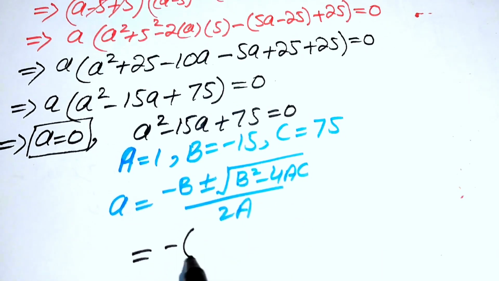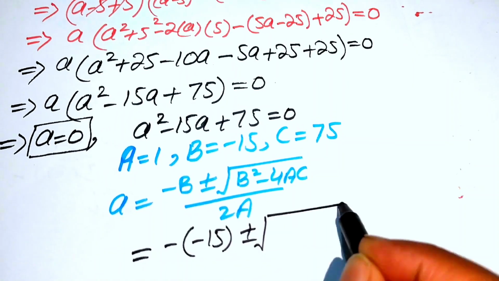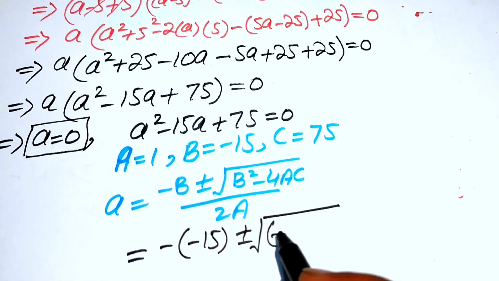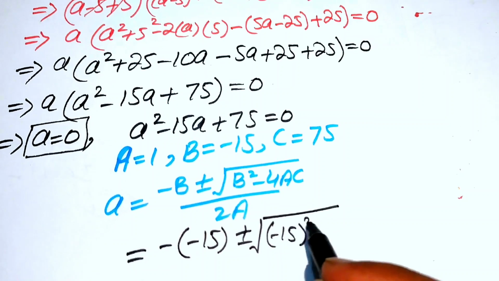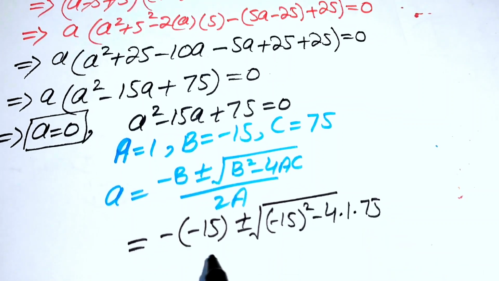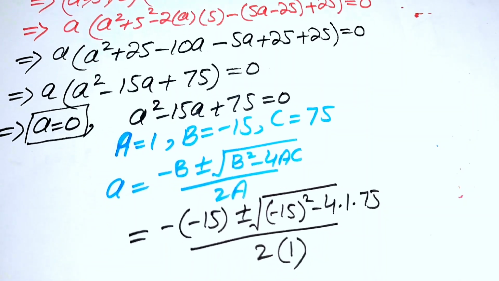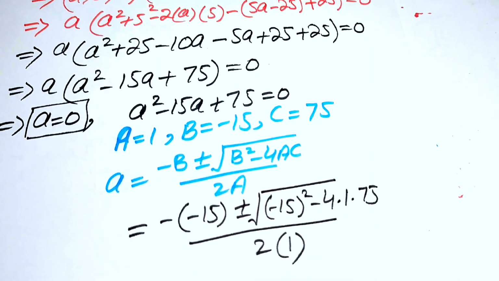And we get its output in this form: -(-15) ± square root of b^2, so our b is (-15)^2 - 4 times a is 1, and c is 75, divided by 2 times a, and our a is 1.